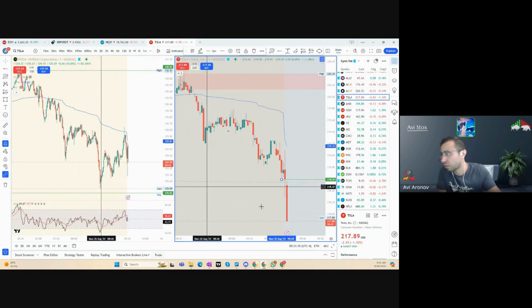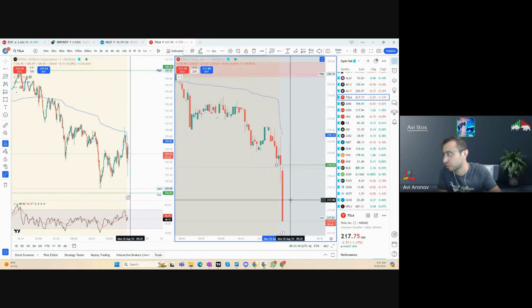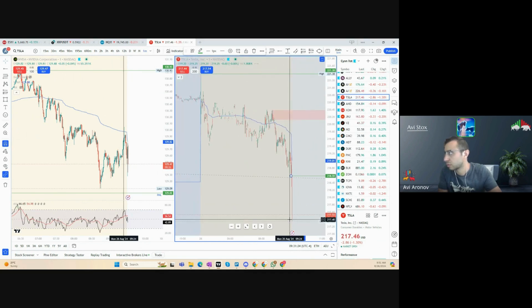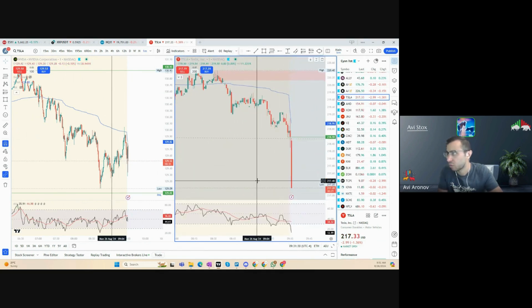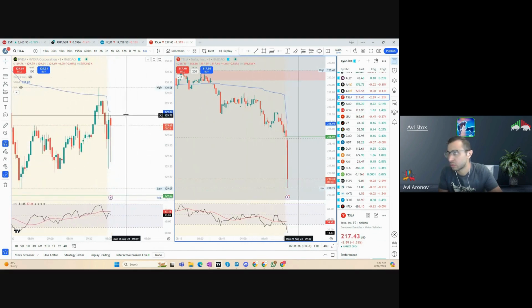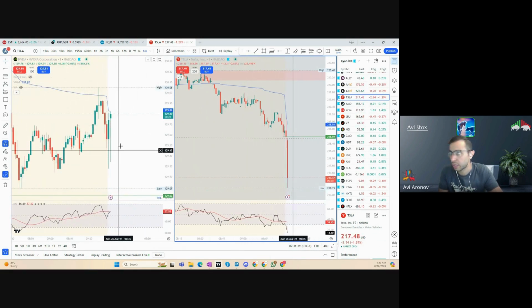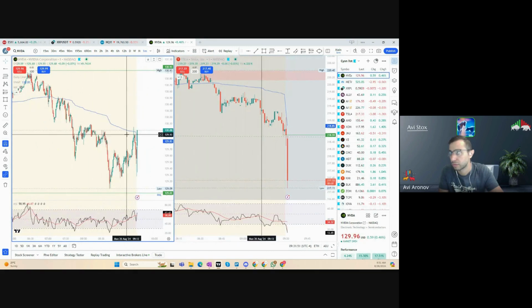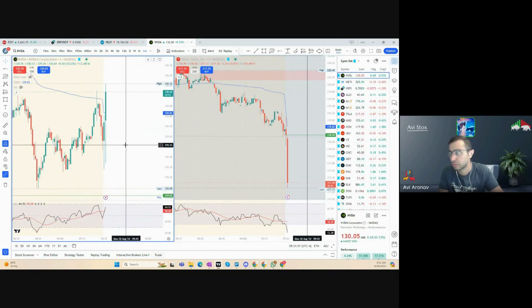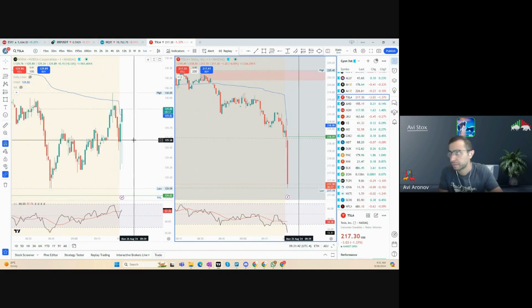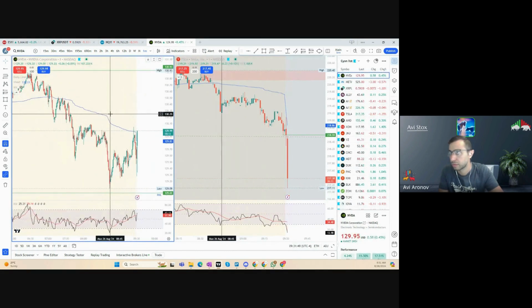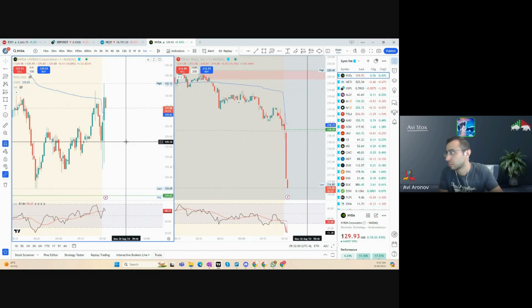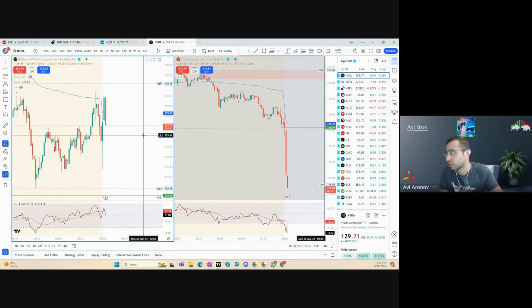So Tesla opened right under with much pressure. It's most likely will go down. Much of a pressure higher. Wow, a lot of pressure lower.